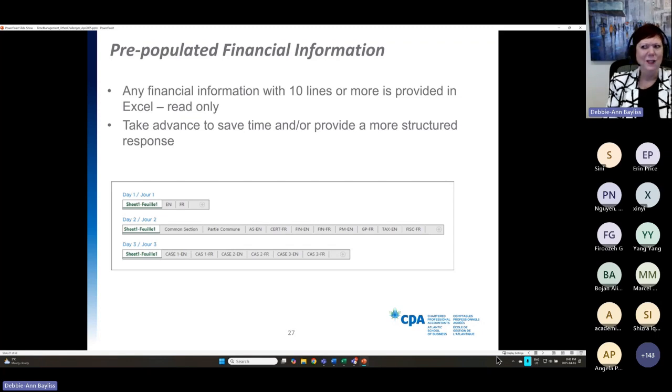And the candidates looked and said, where was that? So I'm showing you very clearly another time management strategy: make sure that you look into those pre-populated tabs. You can't do any calculations, but you can copy that information and paste it into your sheet 1.